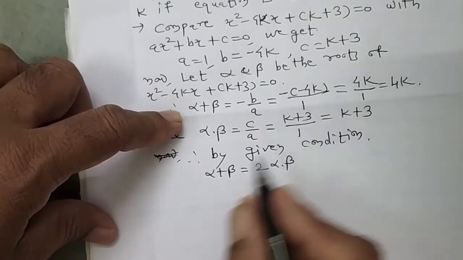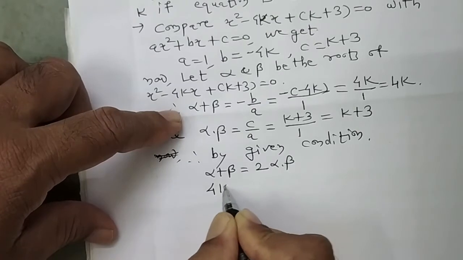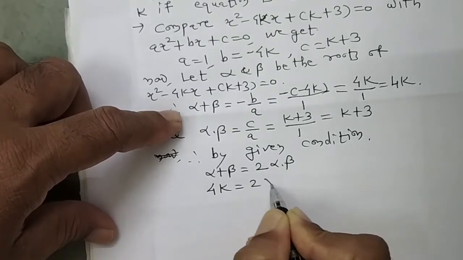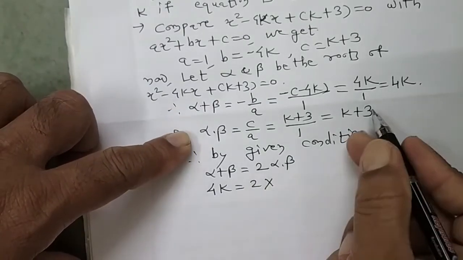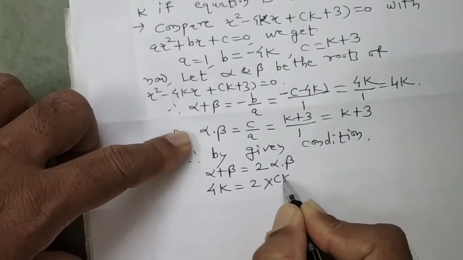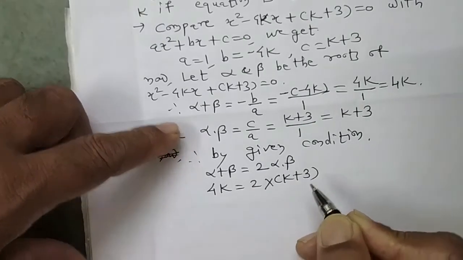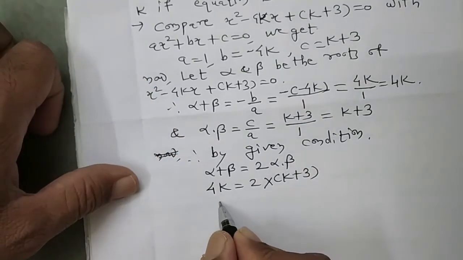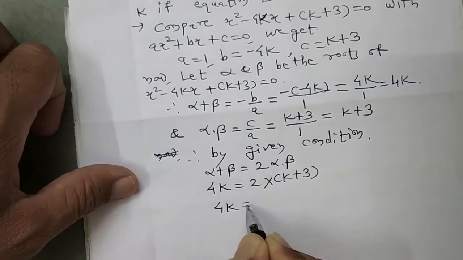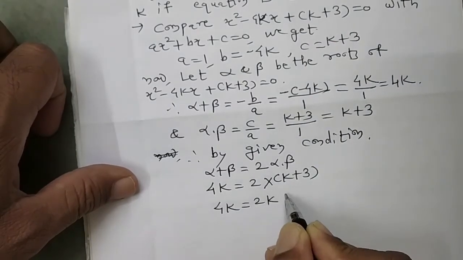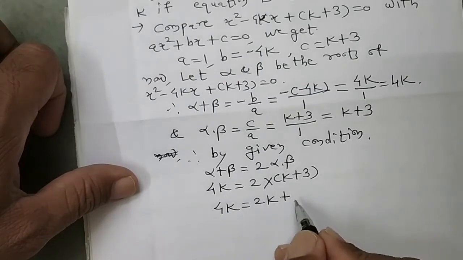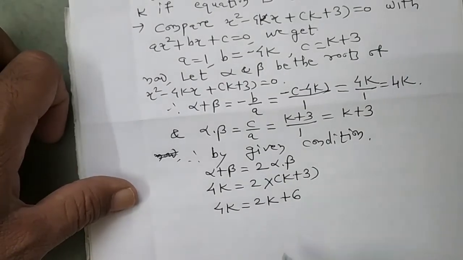Alpha plus beta is 4k, is equal to 2 into the value of alpha beta, k plus 3. Now taking multiplication, 4k is equal to 2k plus 2 into 3, 6.